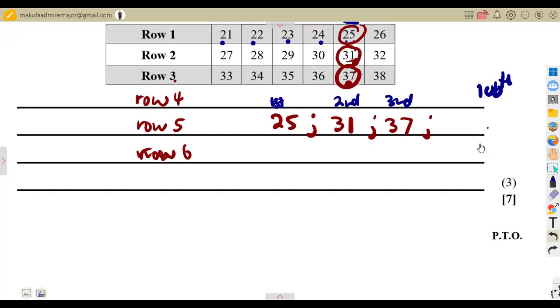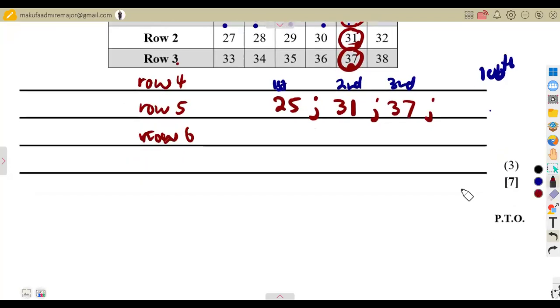But this is not supposed to be like that, because these numbers, 25, 31, 37, are not just normal numbers. They are forming an arithmetic sequence, where there is a common difference, as you can see, between these two numbers. 31 minus 25, second term minus the first term, there's a difference of 6.